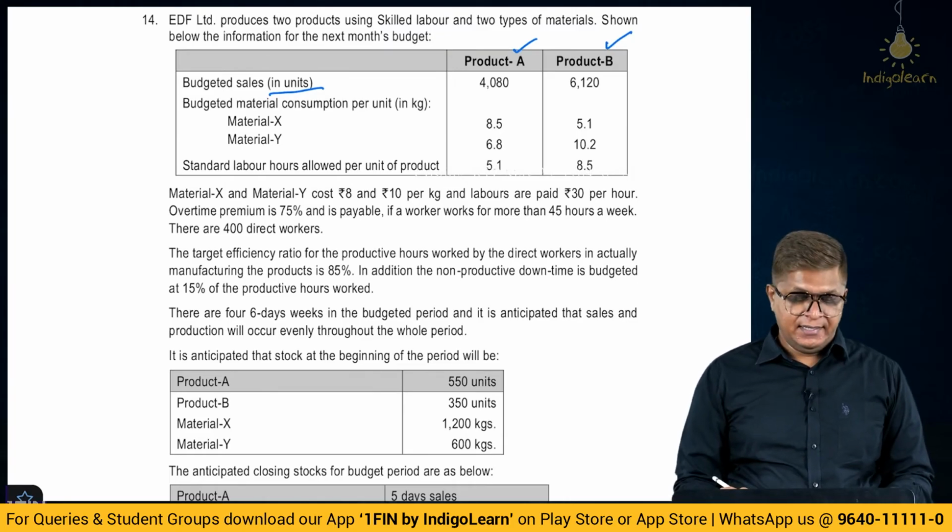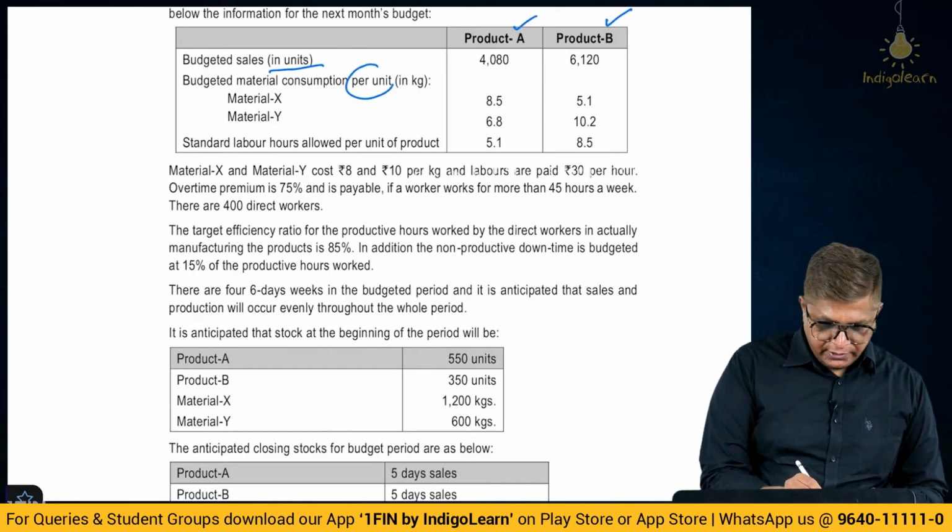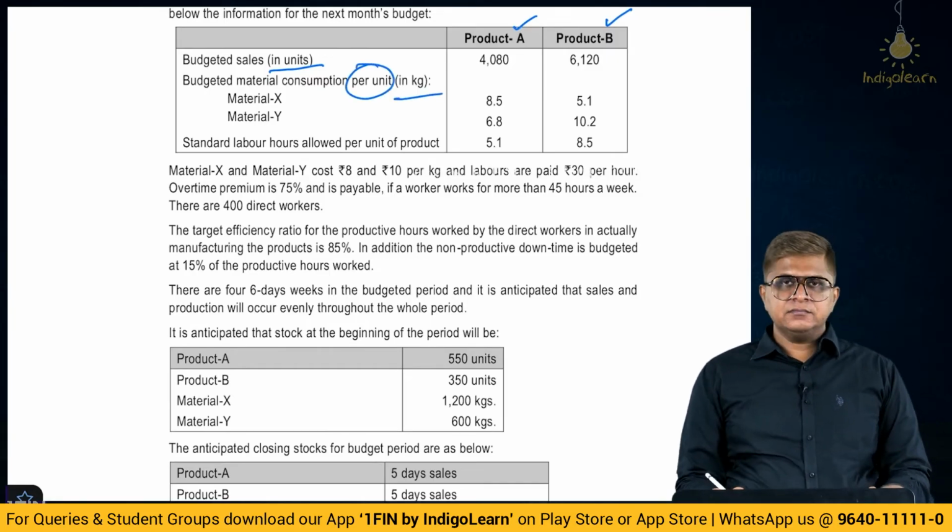This is the budget. Next, budgeted material consumption per unit in kgs.